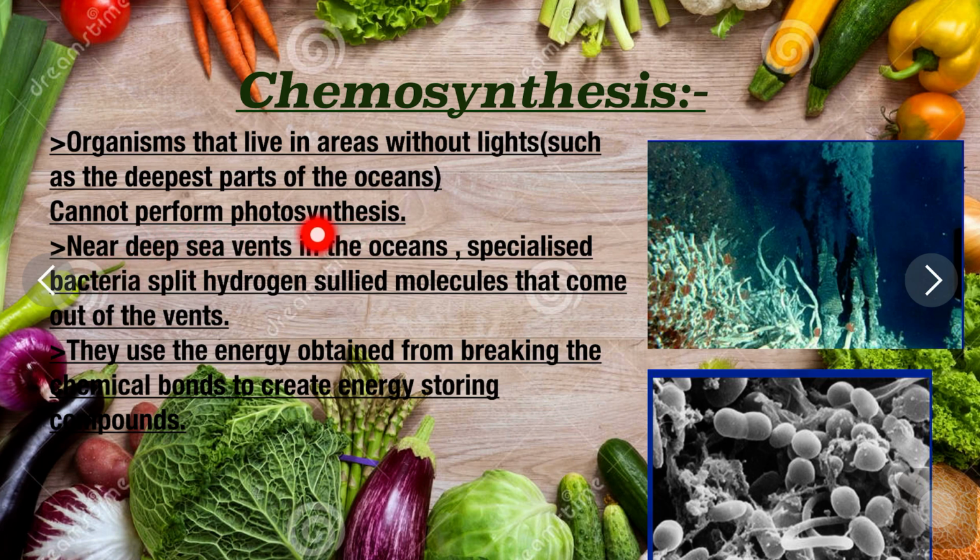Why? Photo means light. So only in presence of sunlight can they prepare their food. So chemosynthesis is the process by which organisms prepare their food in absence of light. Okay, where light is not possible to reach, there they convert the chemical into food.